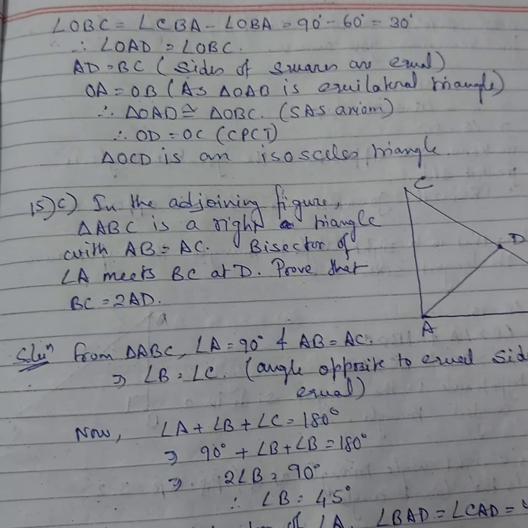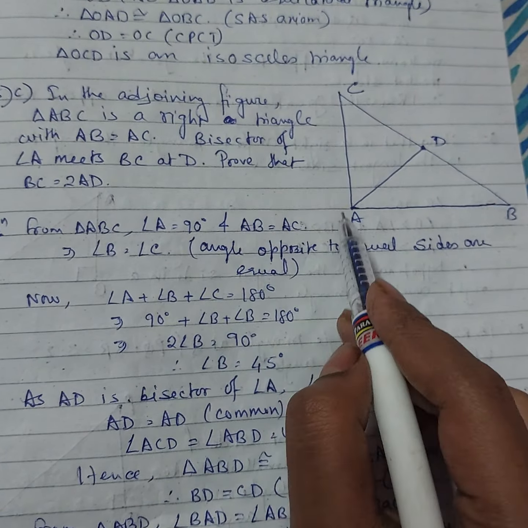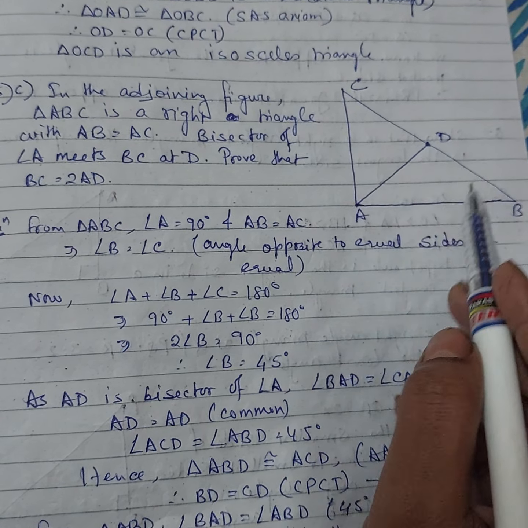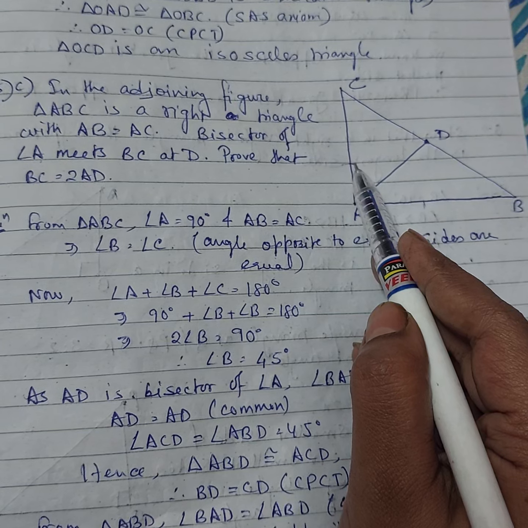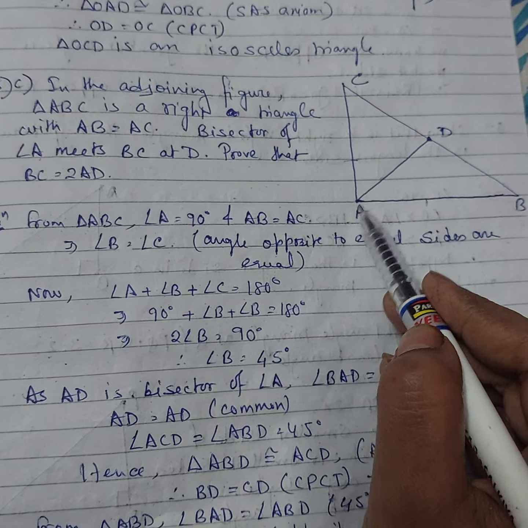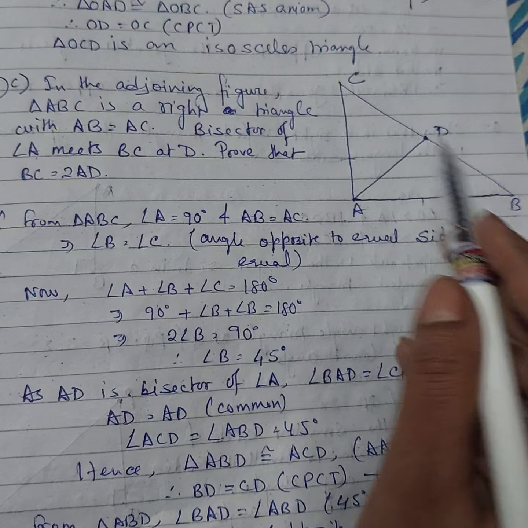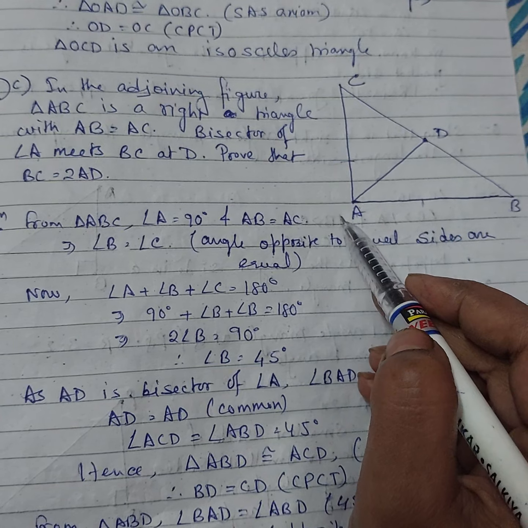Now come to the next part. The next sum is: in the adjacent figure, triangle ABC is a right angle triangle with AB equal to AC, and the bisector of A meets BC at D. Prove that BC is equal to 2 into AD.